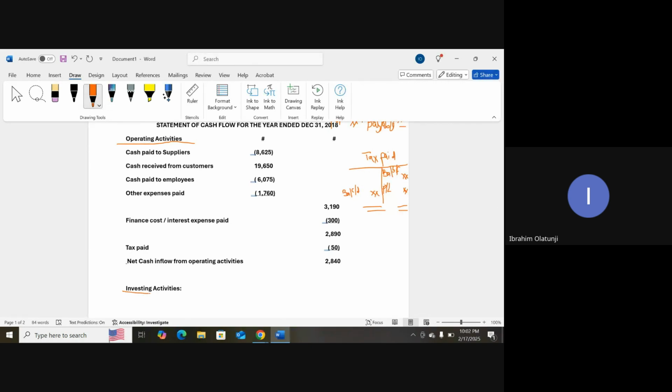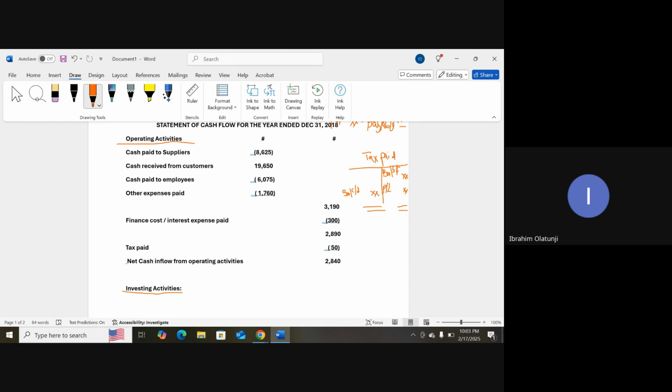So under your investing activities, this one is actually telling you what and what you invest your money on. You can invest your money by way of acquiring assets, that is by way of buying assets. So when you buy assets, you actually invest your money.